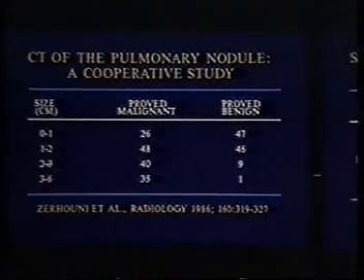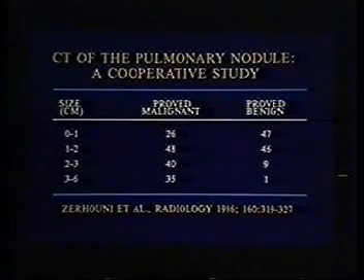For example, here, nodules 2 to 3 centimeters in diameter, 40 proved to be malignant, 9 benign. Nodules greater than 3 centimeters, 35 malignant, only 1 benign.